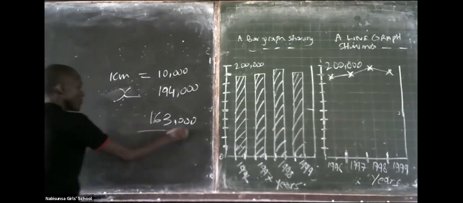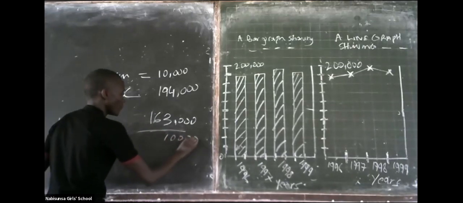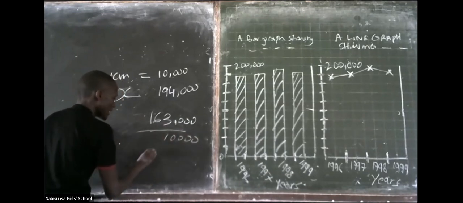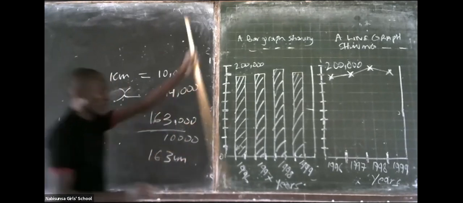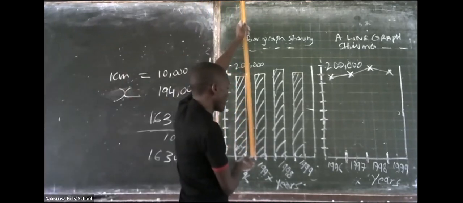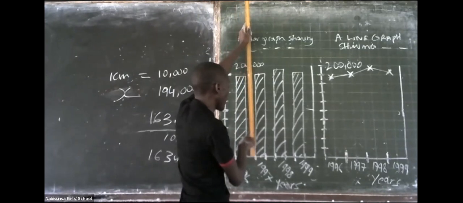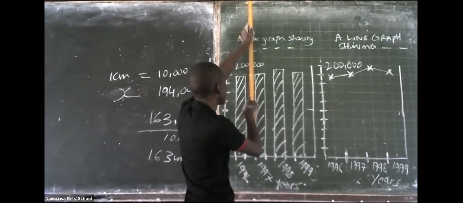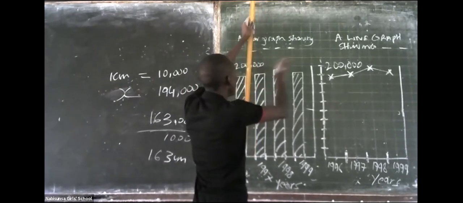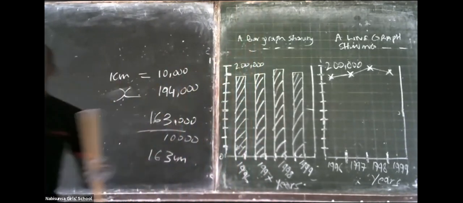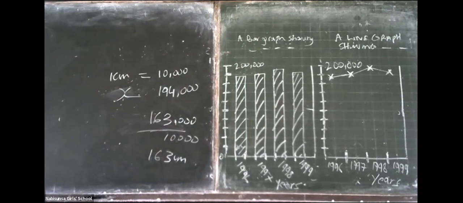We use the same, divide by the amount of 1 centimeter. So we are going to get 16.3 centimeters. So you put your ruler starting from down: 1, 2, 3, 4, 5, 6, 7, 8, 9, 10, 11, 12, 13, 14, 15, 16.3. You mark where 0.3 ends. That's where you mark. Don't you see that it will be easy?